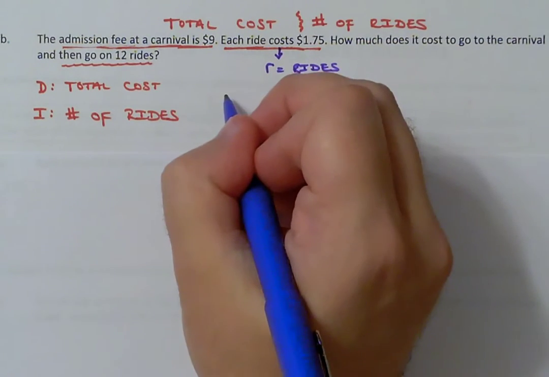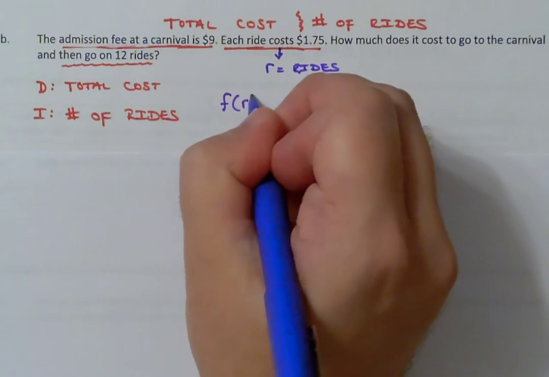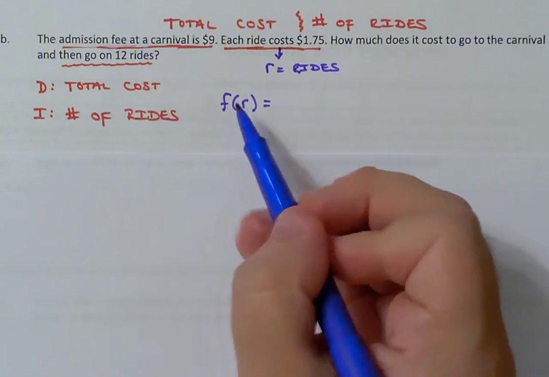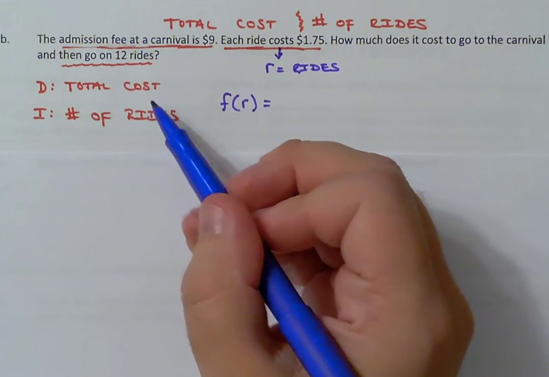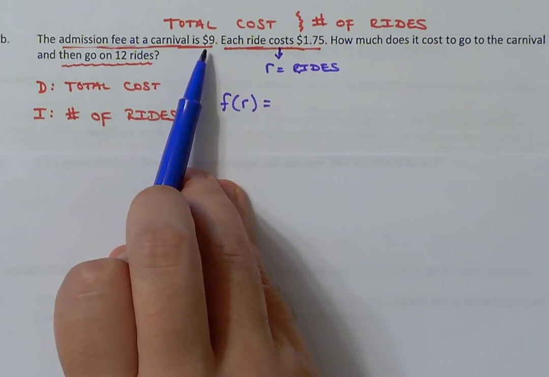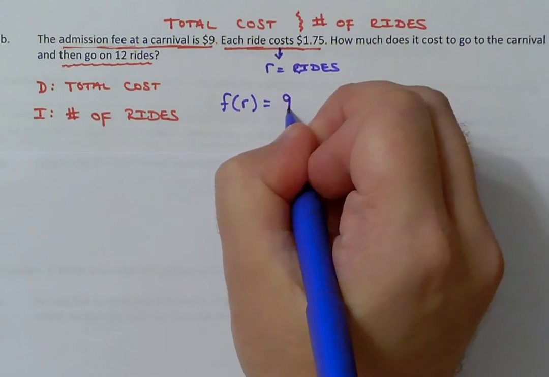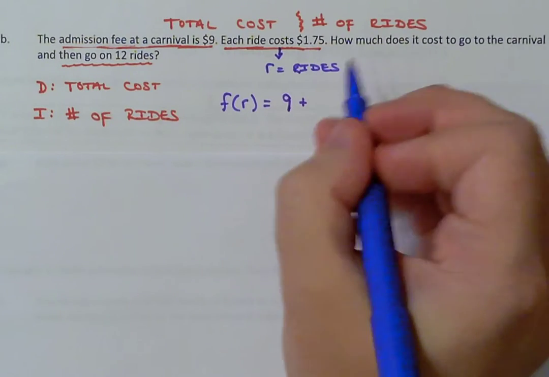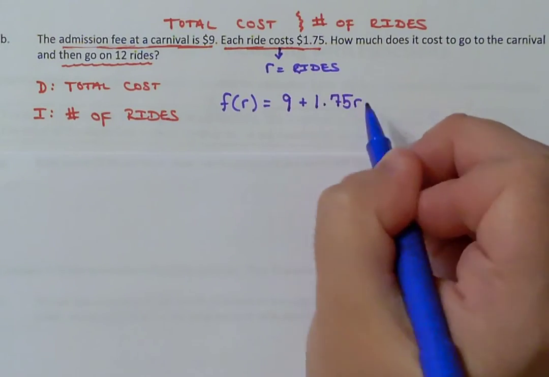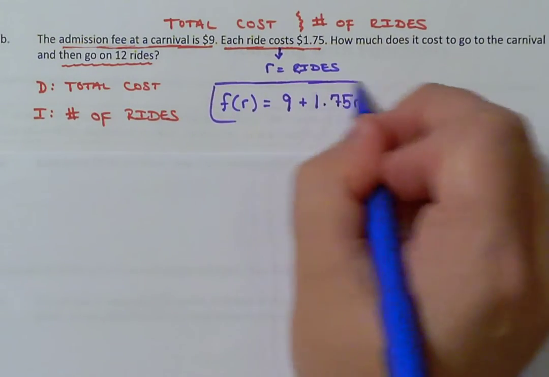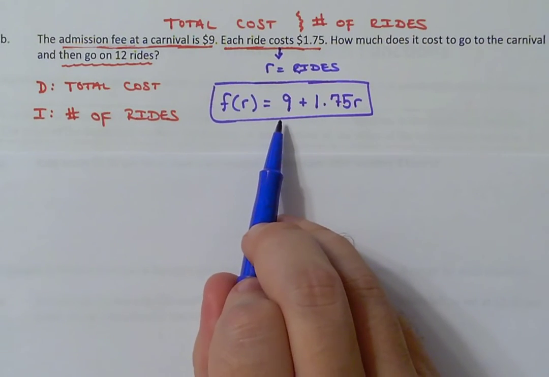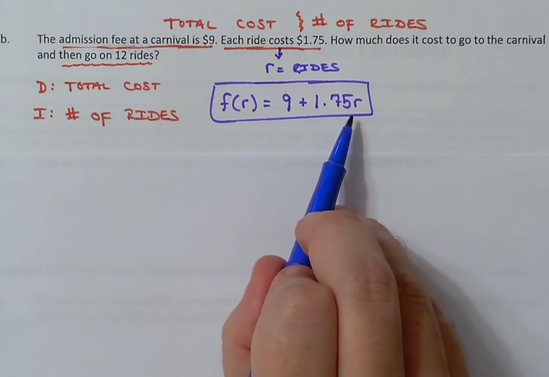Writing a function, we write f of r, because r is my variable. f of r stands for the total cost of going to the carnival. It's initially $9 to get in, that doesn't change, and then it's $175 per ride, so $175r. My function is f of r equals 9 plus 175r.